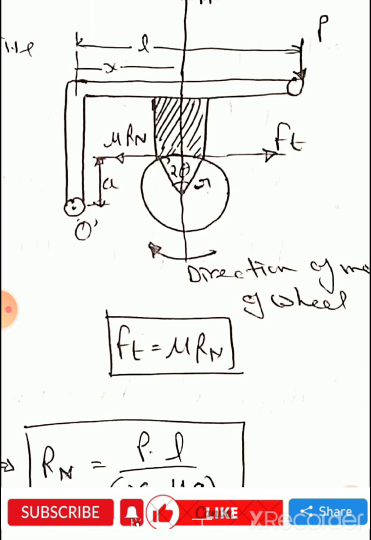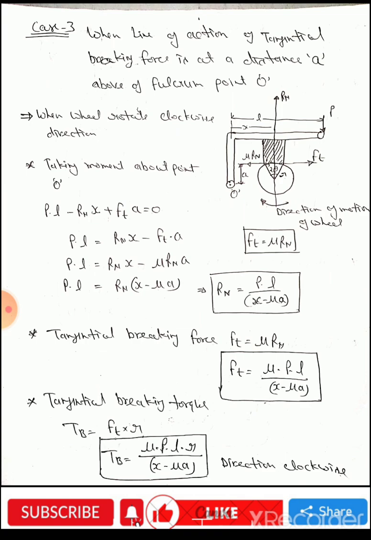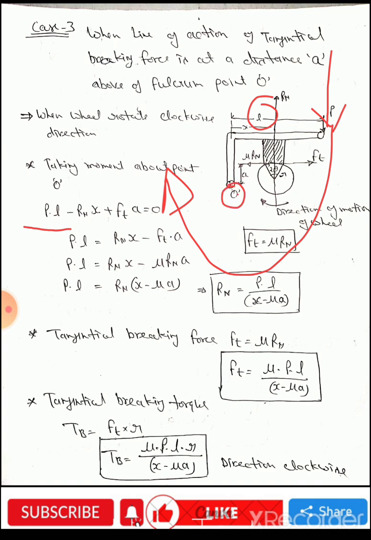Now taking moment about point O. PL is the clockwise couple about point O. P load into perpendicular distance L makes a clockwise couple about point O. So we assume clockwise couple as positive sense and anti-clockwise couple as negative sense.